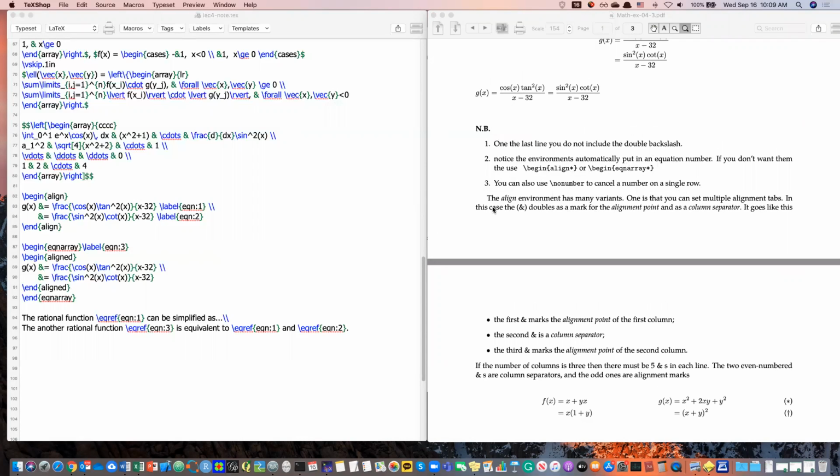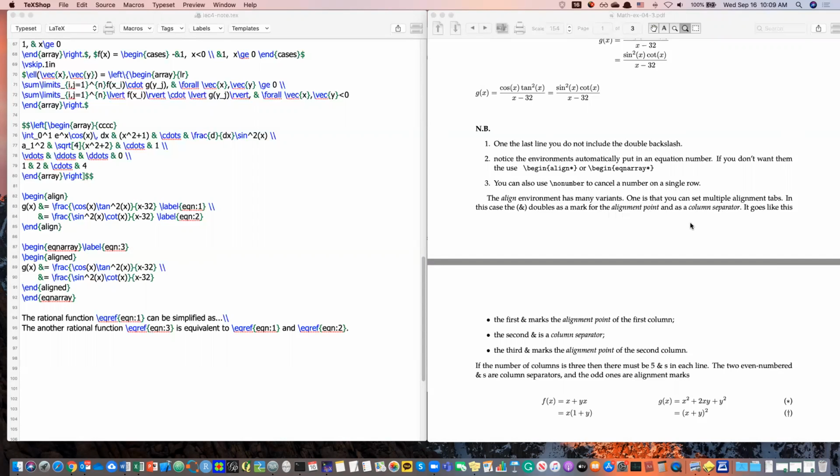The align environment has many variants. One is that you can set multiple alignment tabs. In this case, the ampersand doubles as a mark for the alignment point and as a column separator.